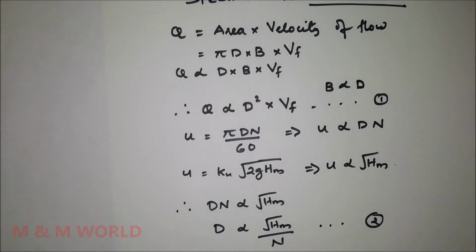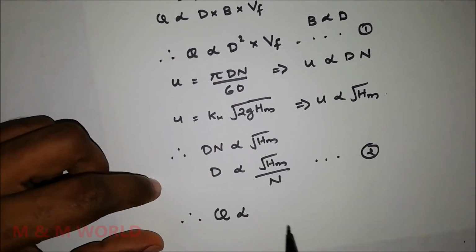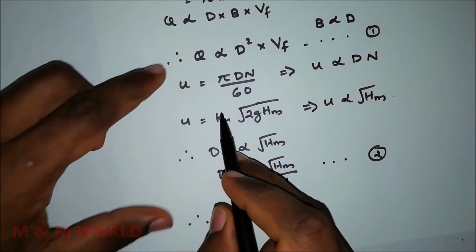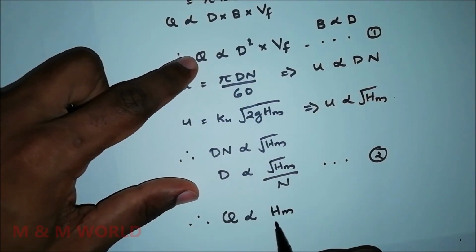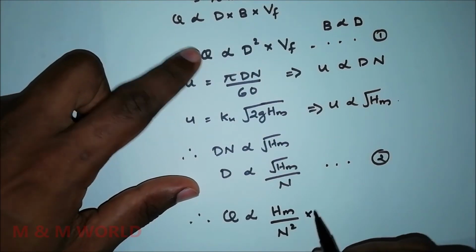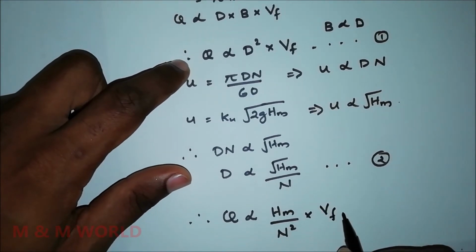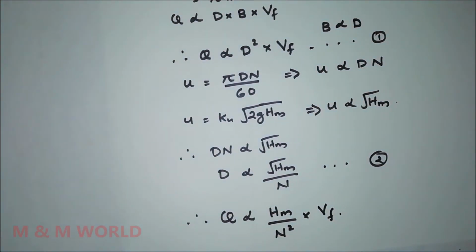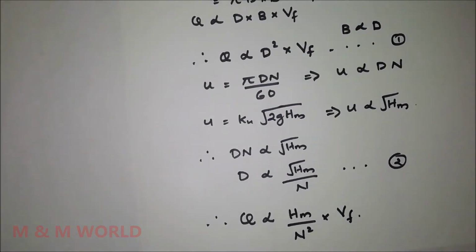Therefore Q is directly proportional to Hm by N square into Vf. Sorry, Q is directly proportional to Hm by N square into Vf.